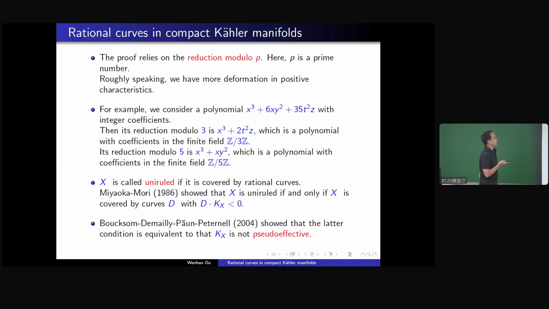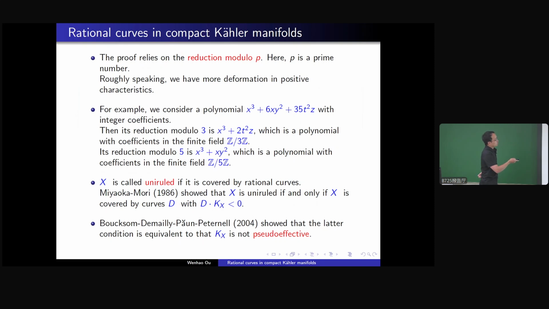Then we see that it becomes this polynomial, whose coefficients are in the finite field Z over 3Z. And we do this for every defining polynomial. We will obtain some polynomials with coefficients in this finite field, and they will define some algebraic variety in the projective space over this finite field.